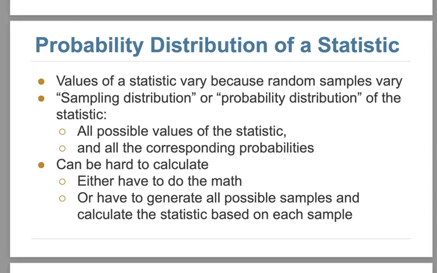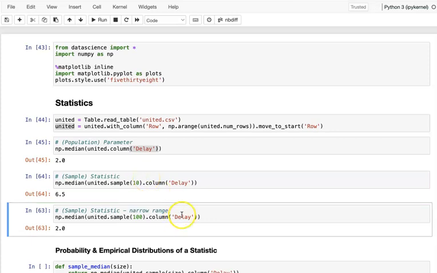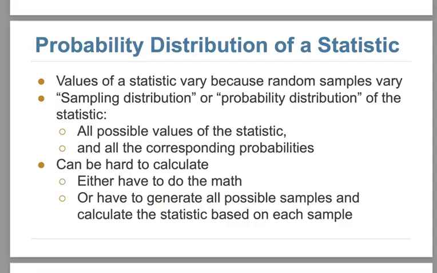Every time I run this code with size 10, or size 100, I find a different sample. So the value of the statistic varies because the random sample varies. So the sampling distribution, or probability distribution of a statistic, is all possible values of that statistic and all the corresponding probabilities.